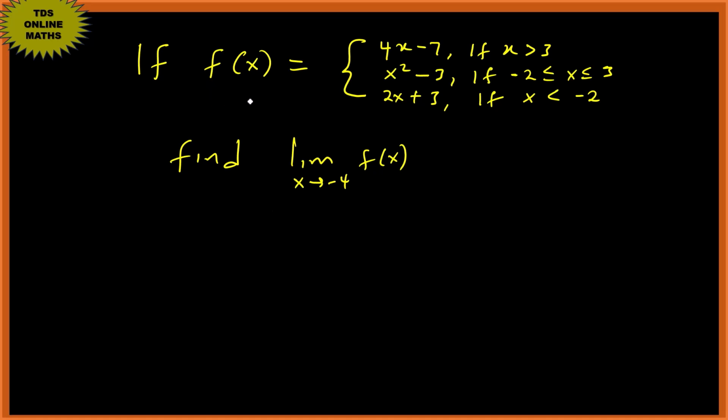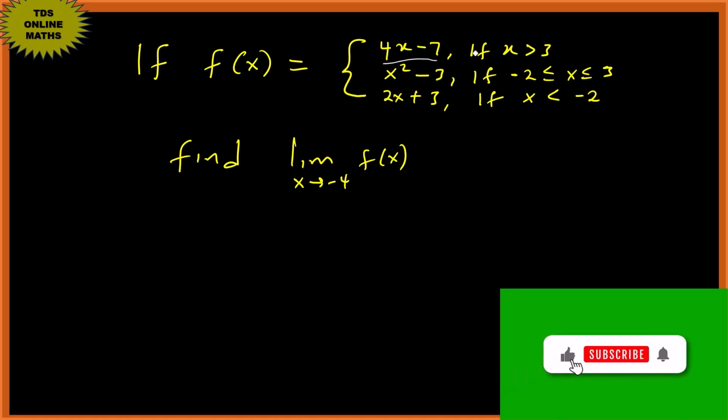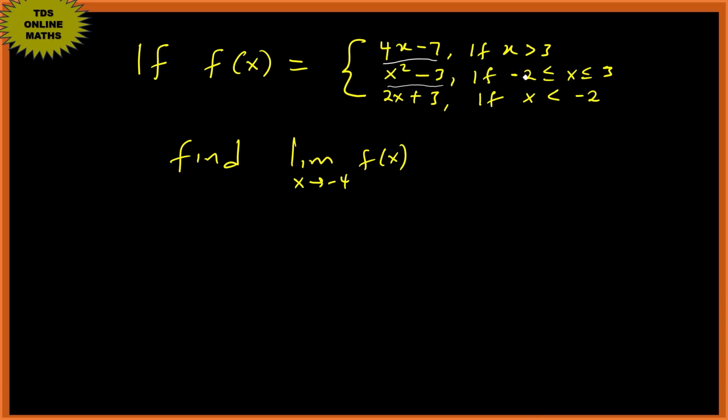Alright, so if f of x equals to this, we have 3 given functions here with their range given. Okay, so the first one, we have 4x minus 7, for x greater than 3, and we have x squared minus 3, where x lies between -2 and 3. Then we have the third one, f of x equals 2x plus 3, if x is less than -2.